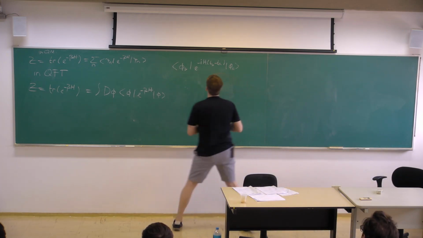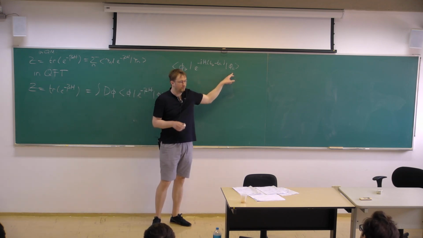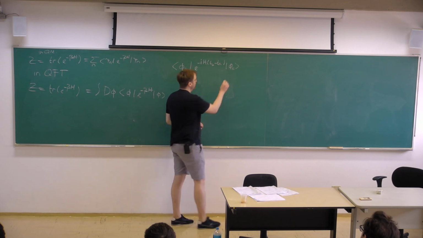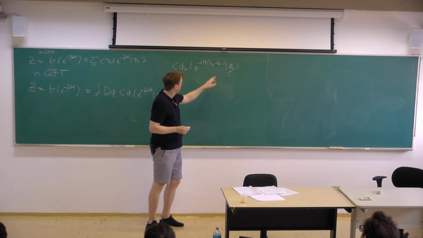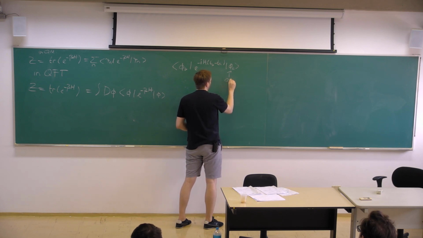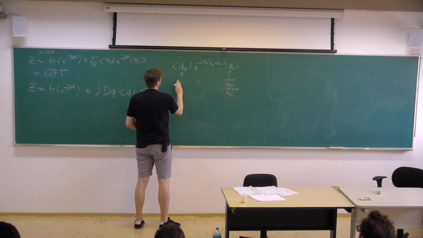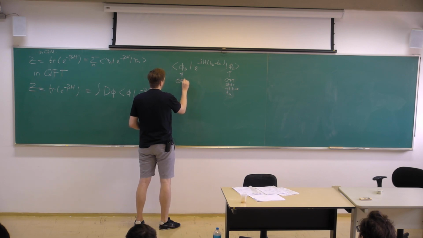So this is the transition amplitude from some field configuration phi A at a time tA to a state phi B at a time tB, as you can guess.